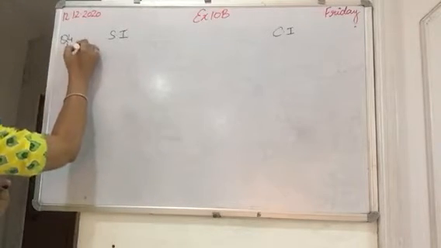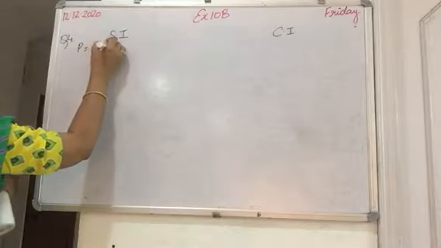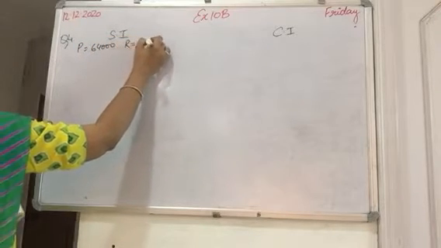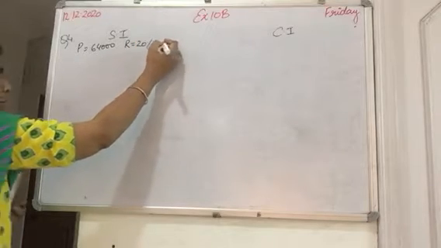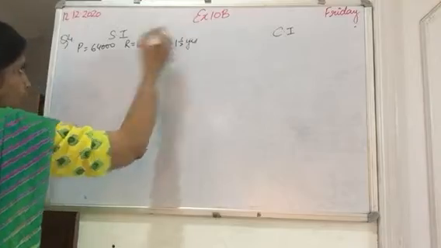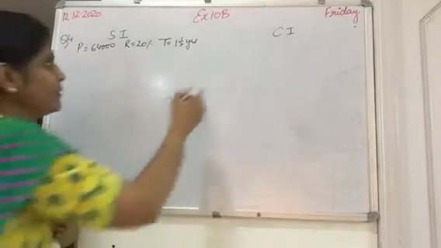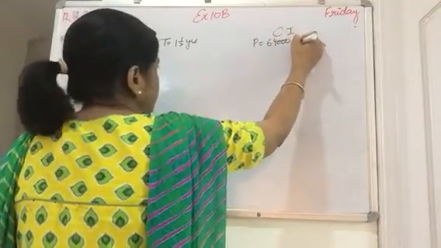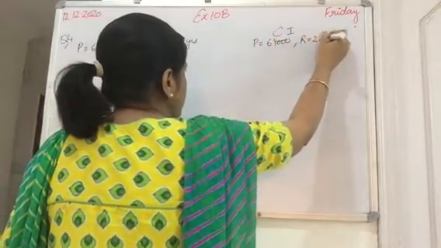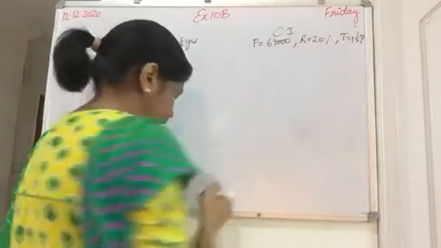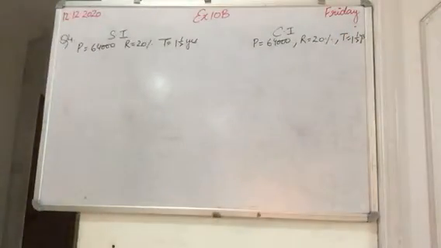Sum of rupees 64,000. Rate is 20%, compounded semi-annually. Tenure is 1.5 years. So principal is rupees 64,000, rate is 20% and time is 1.5 years.